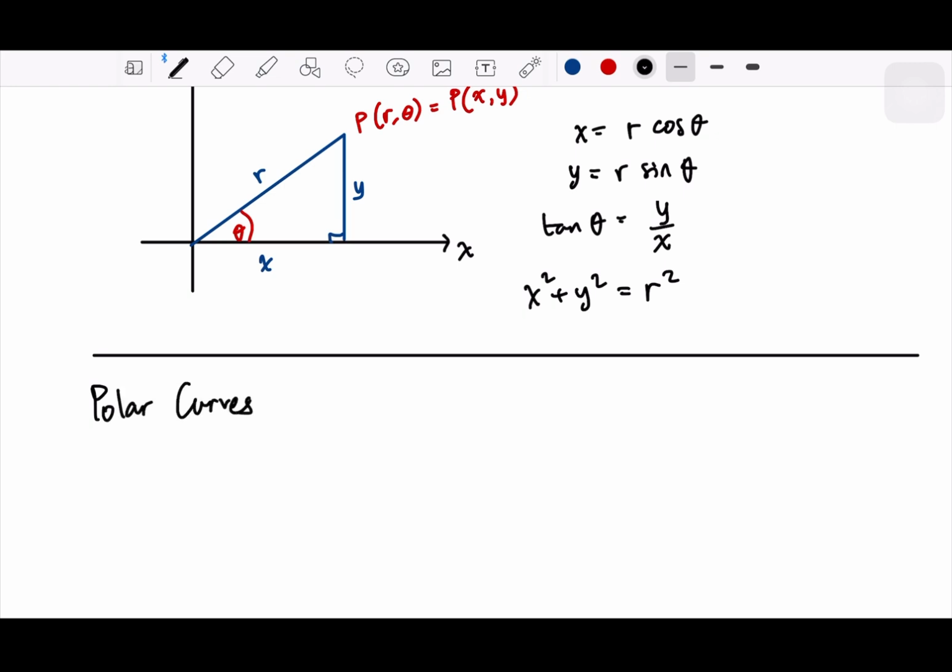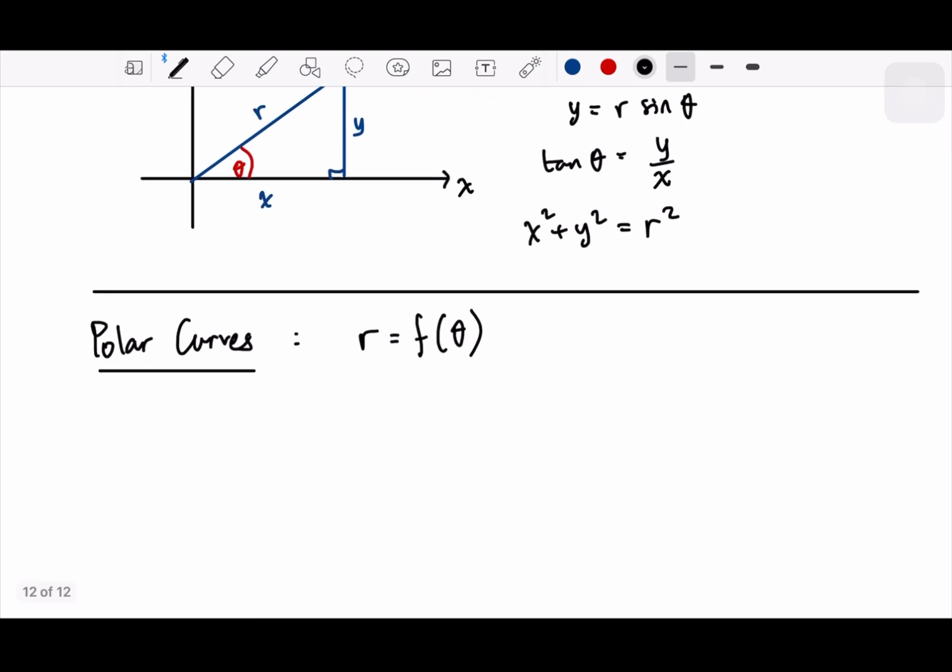And now the polar curves. Basically, we are going to use the radius as a function of theta. Firstly, we introduce the simplest one.